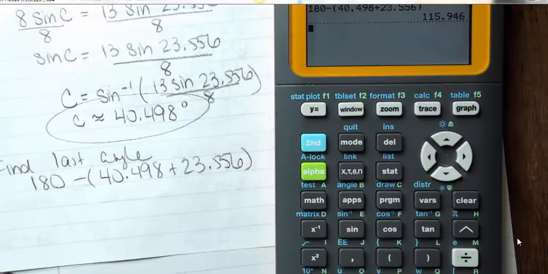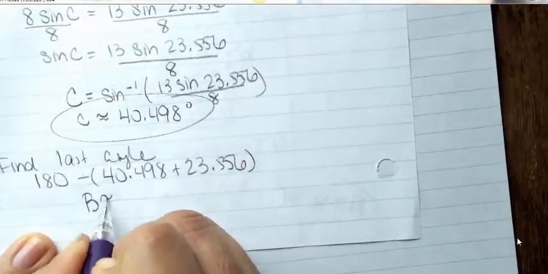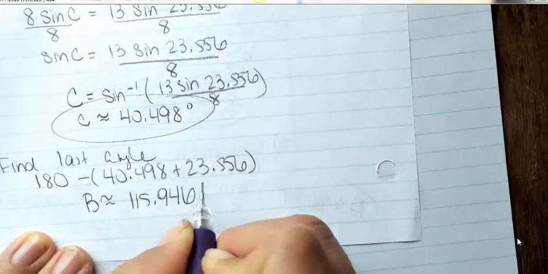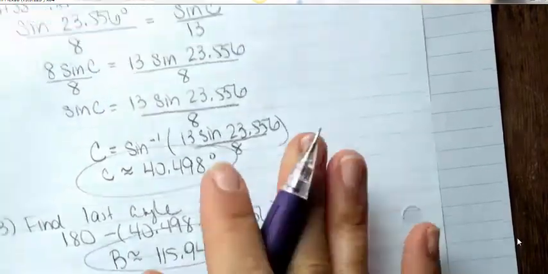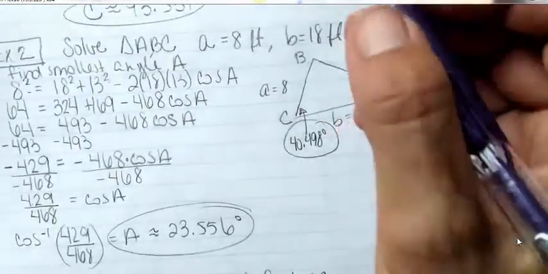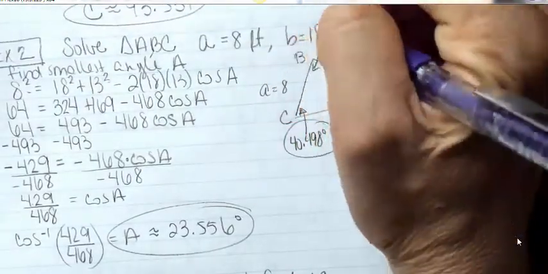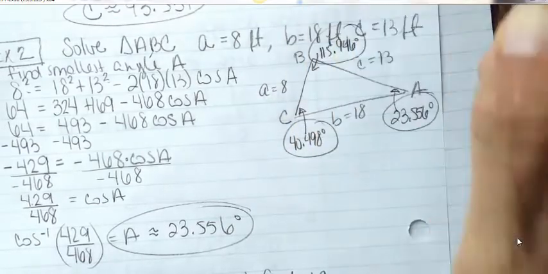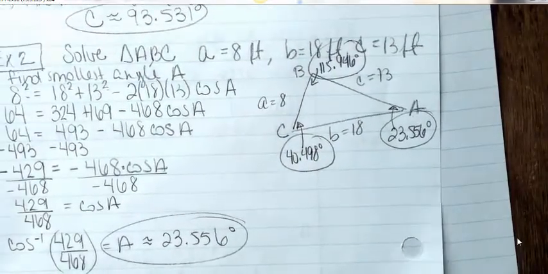And I get 115.946. So B is approximately 115.946 degrees. And I'll go ahead and I'll put it up here too. And my triangle is completely solved.